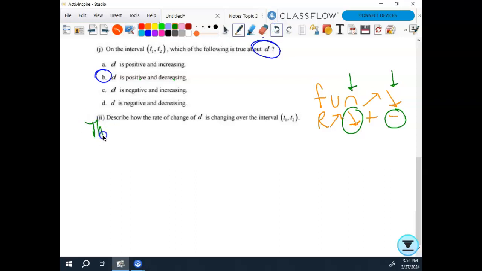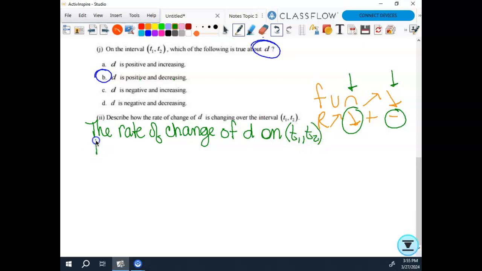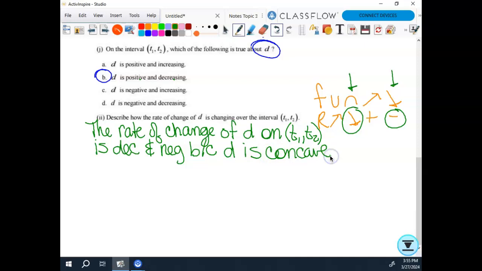The rate of change of d on the interval t1 to t2 is, so I decided it is decreasing and negative because the function d is concave down and decreasing on that interval. And so make sure you have all of that.